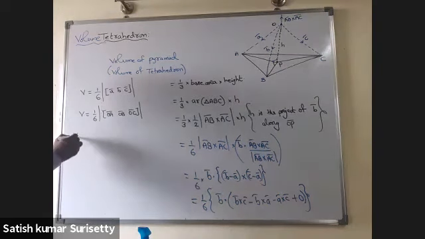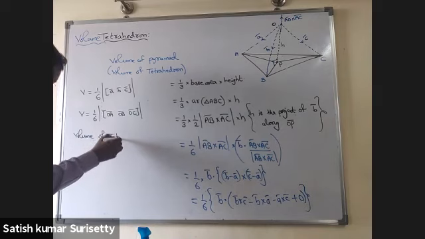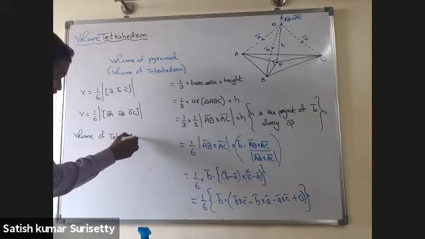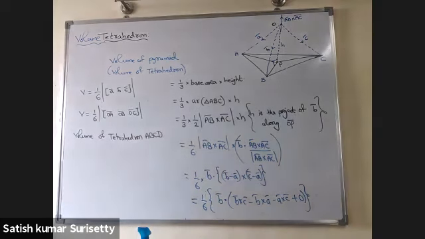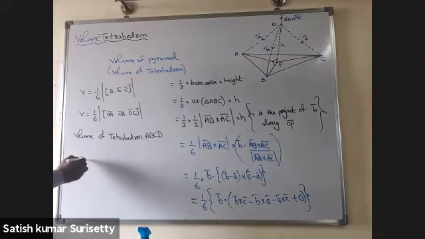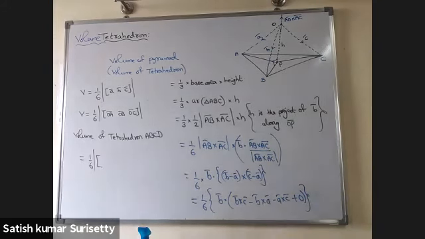Then what is volume of tetrahedron ABCD? So this will be 1/6 scalar triple product of, previously one vertex was origin.